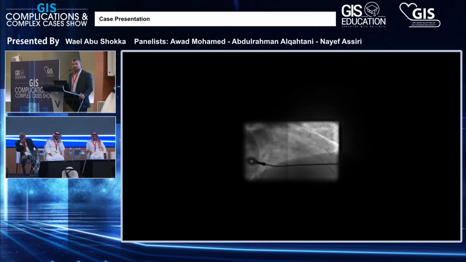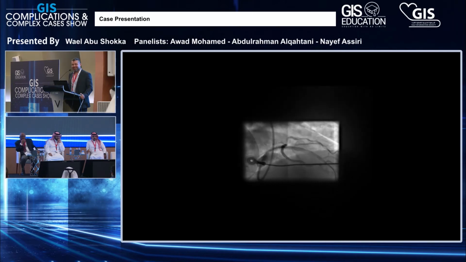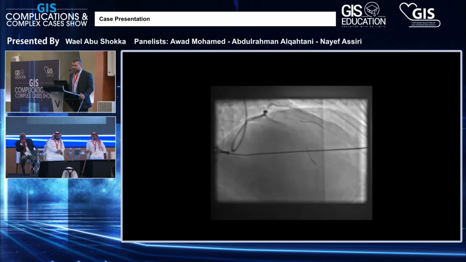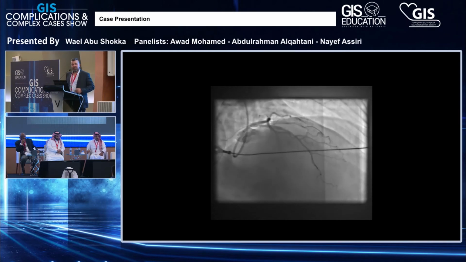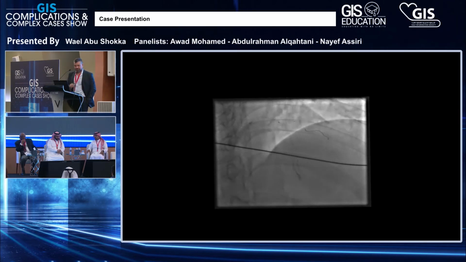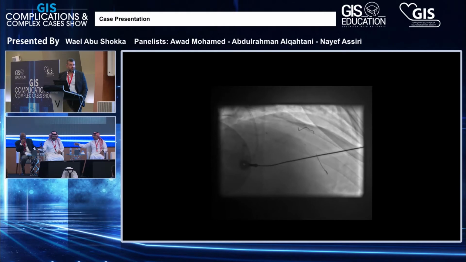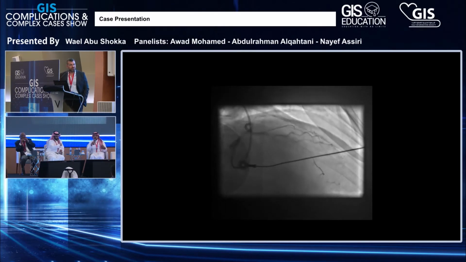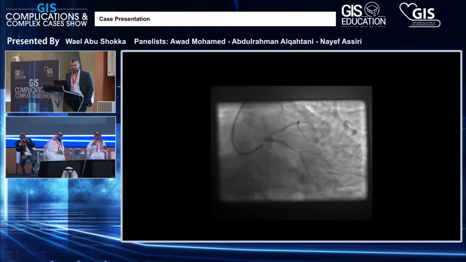So do we know the reason for his stent thrombosis? I will tell you the reason. Anyone here? My panelists, anyone to say something? Reason for stent thrombosis? This is more than 24 hours. When we see somebody come within 24 hours, this is a technical issue.